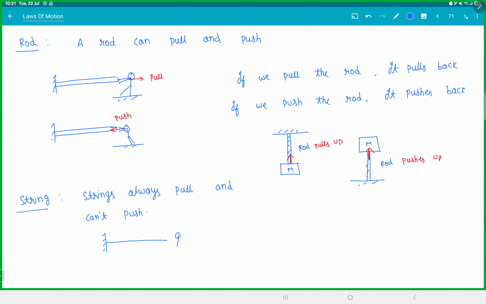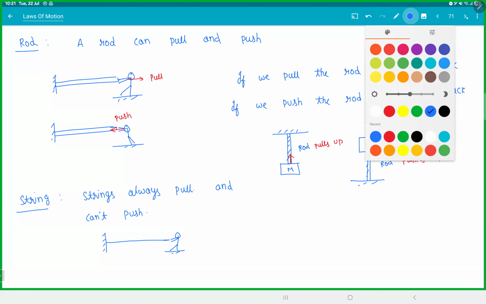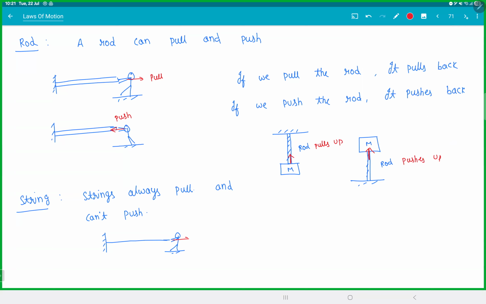So if you have a string and you pull the string, there's no difference between a string and a rod when you pull. The problem comes when you try to push. The moment you try to push, the string becomes loose. There's no tension. That's it. So just remember this difference. Rods can pull and push, strings can't do this.